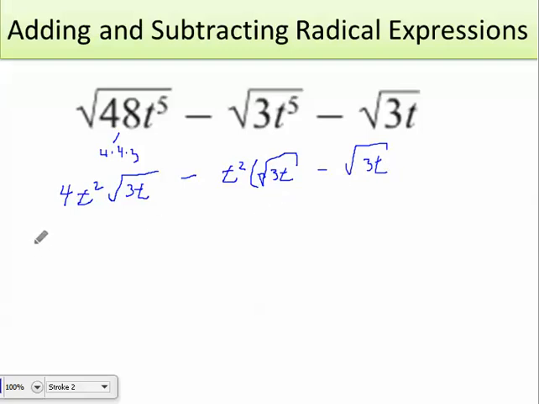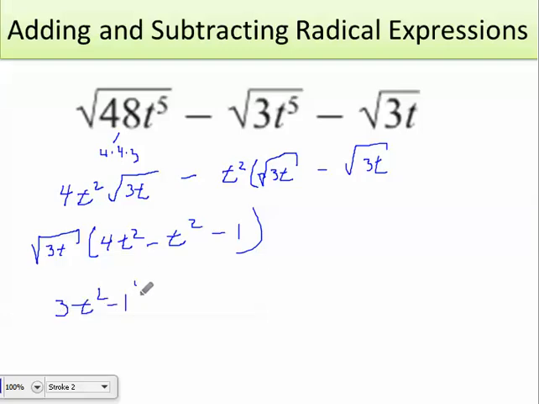Factoring out a square root of 3t, each one of those terms has it in it, I would have 4t squared minus t squared minus 1. Well, that's going to give me 3t squared minus 1 in parentheses times the square root of 3t. That would be my simplest form.